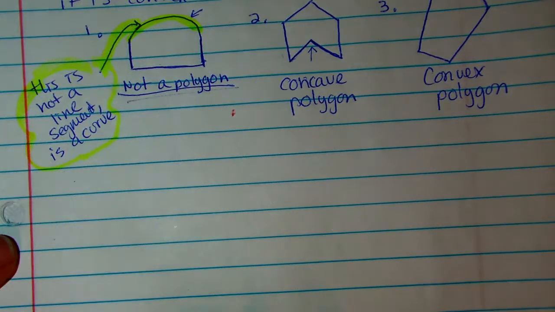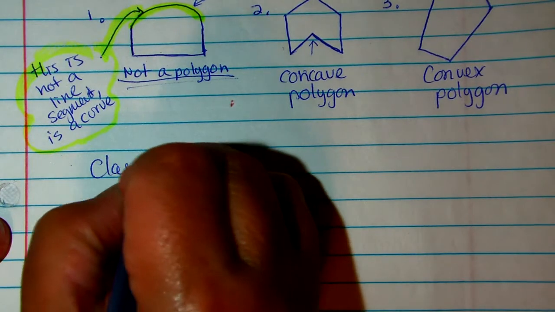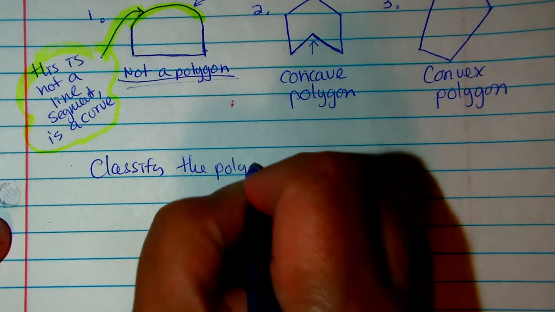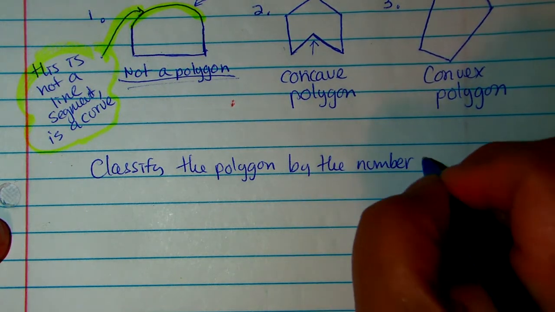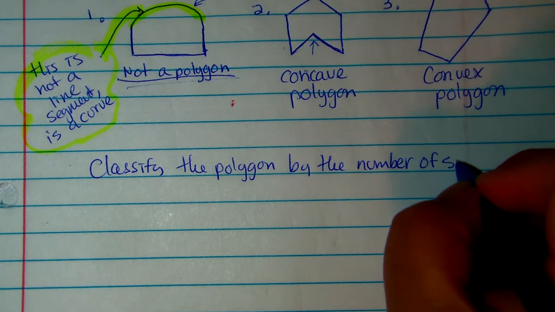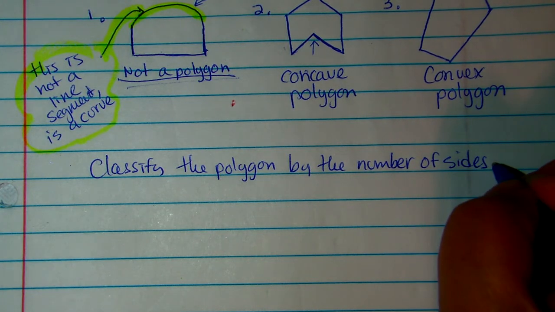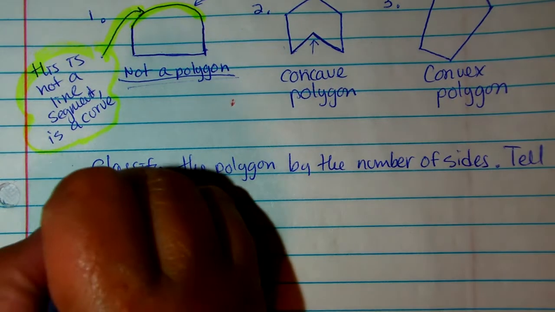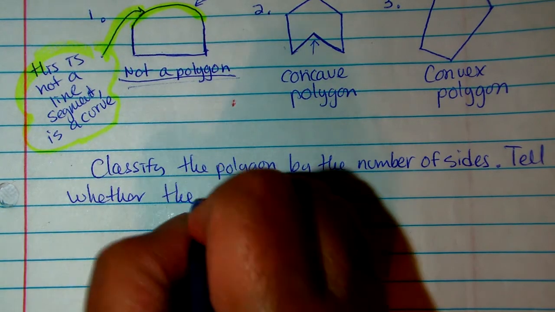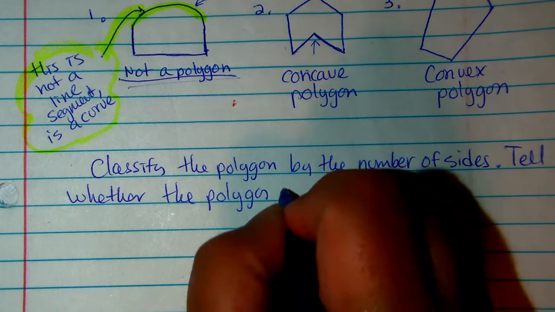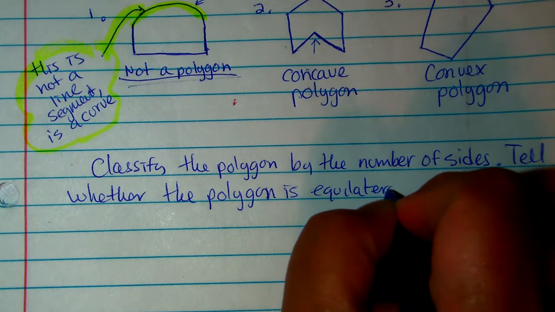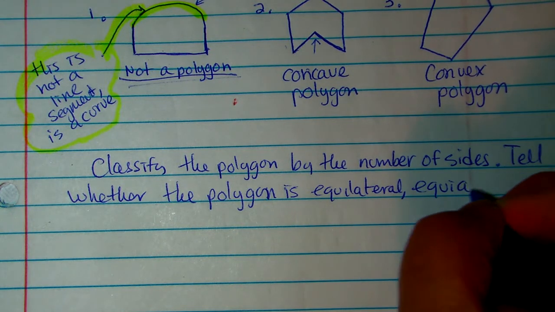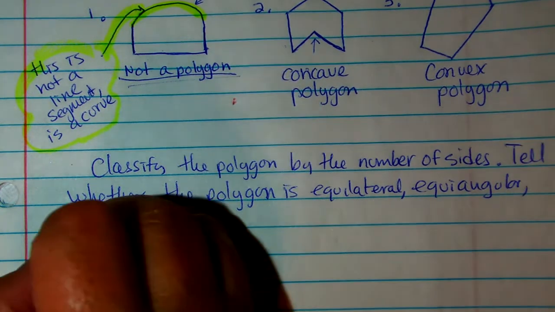On the next section, it says classify the polygon by the number of sides, and then we have to tell whether the polygon is equilateral, equiangular, or regular.